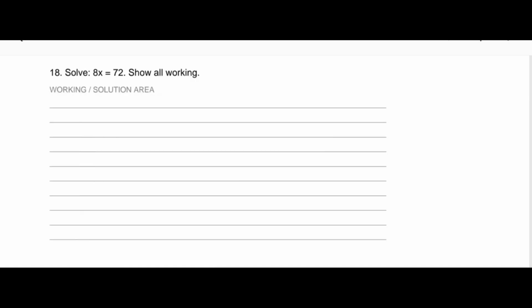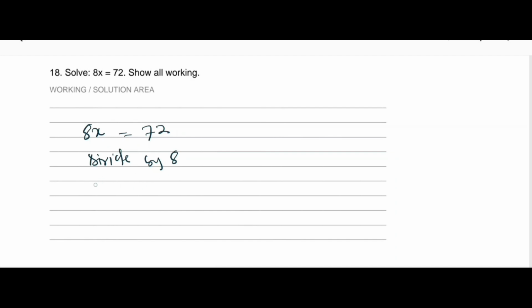Solve 8x equals 72. Show all workings. So let's solve it. 8x is equal to 72. Step 1, divide both sides by 8.